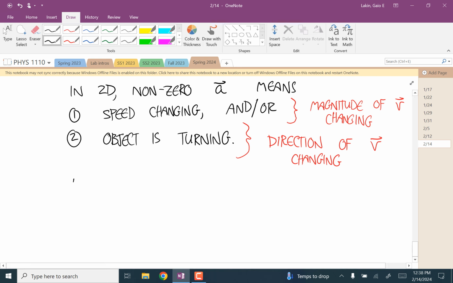The units for acceleration. Again, it's the same as in 1D. It's units of length divided by time squared. And so the SI units for acceleration are meters per second squared.